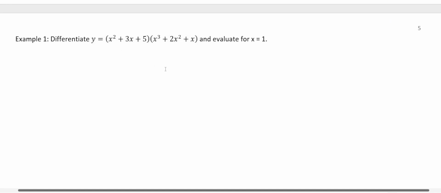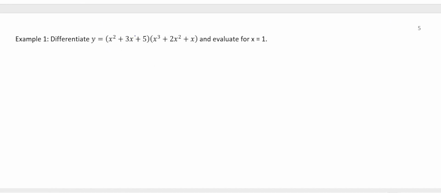As you can see, we have two functions multiplying each other: a quadratic multiplied by a cubic. One of the ways of looking at this is we can say that this is p at x, my first function, and this is q at x, my second function, and I'm going to evaluate this at x equal to 1.